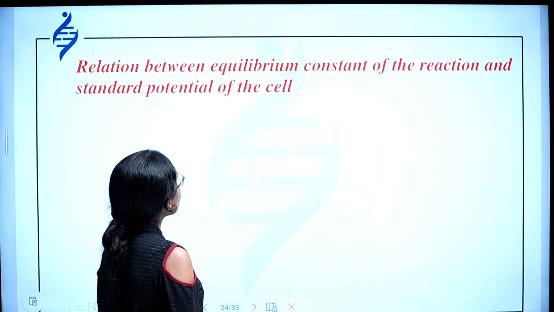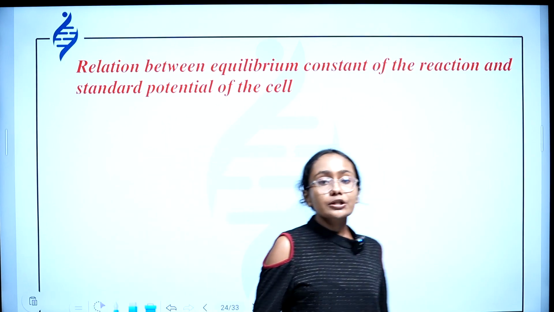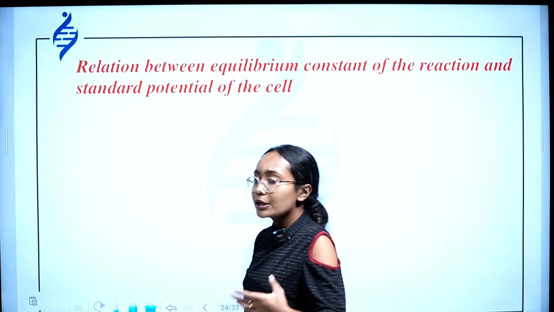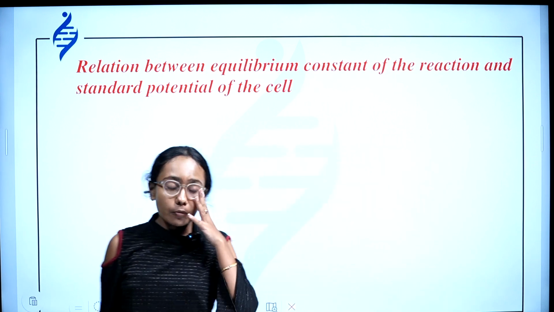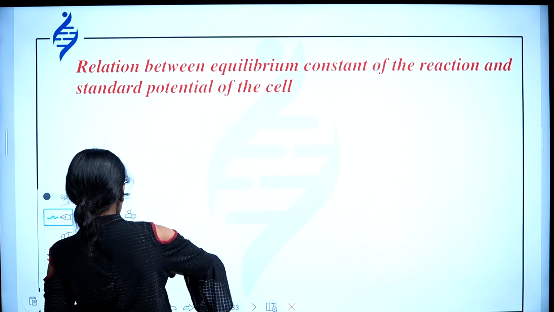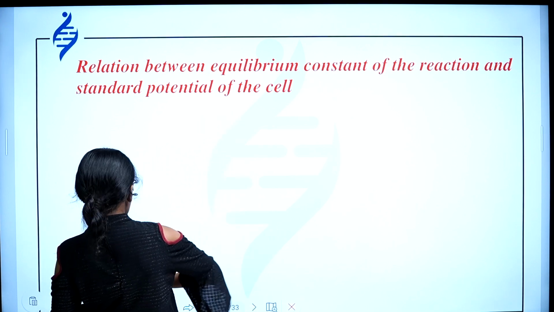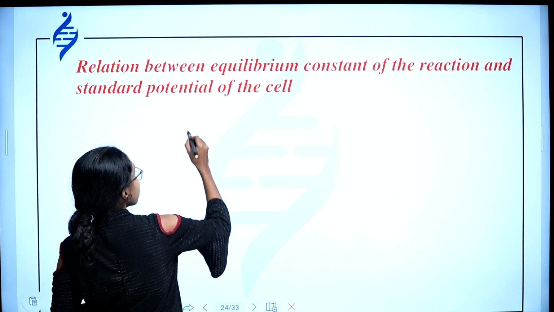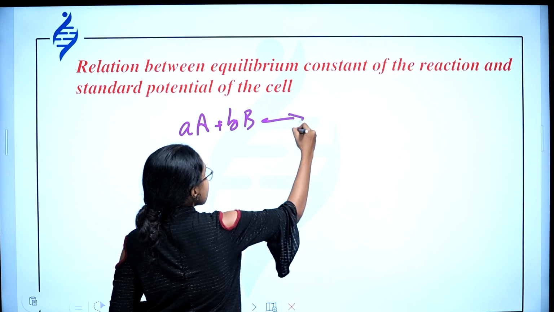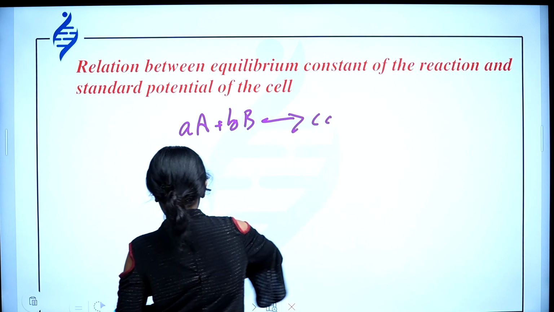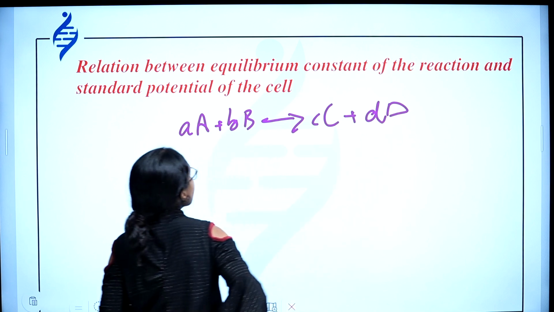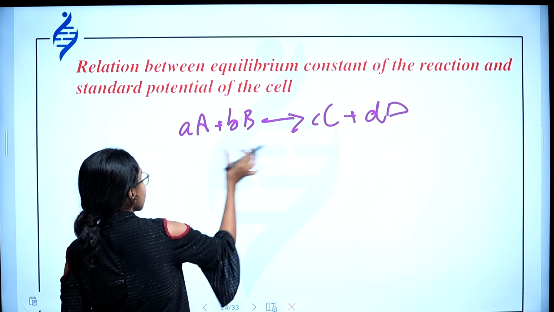Now, the relationship between the equilibrium constant of a reaction and the standard potential of the reaction. Consider a reaction: a moles of A plus b moles of B gives c moles of C plus d moles of D. Here I am writing the Nernst equation for the same reaction.